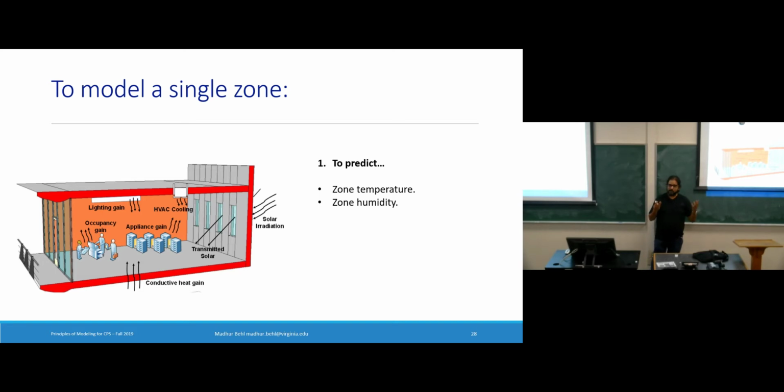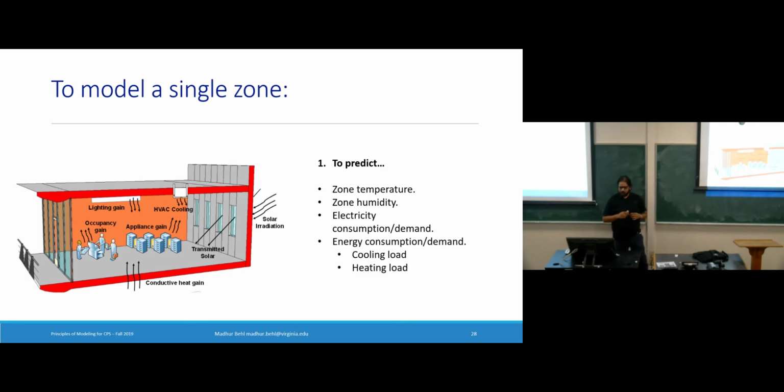We can predict humidity, because HVAC systems do more than just temperature. We can maybe predict electricity that this room is consuming, because for demand response, we care about electricity. We also care about thermal comfort. Or we can think in terms of energy and heat flow, the cooling load and heating load of this zone itself. So it's the objective which defines how you go about designing your model.